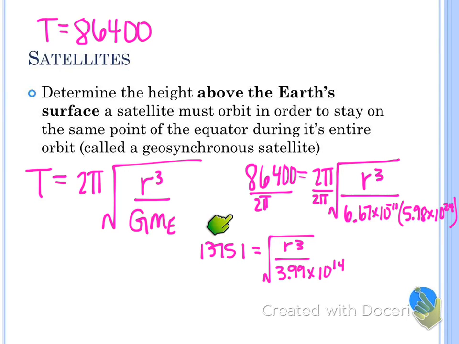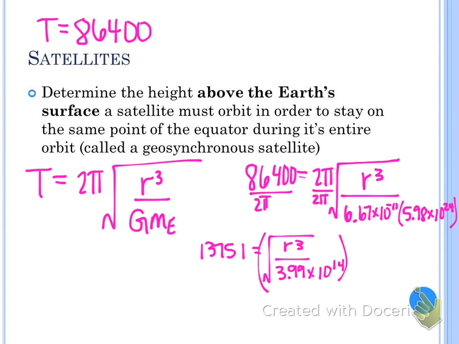Okay, so from this step to this step, all I did was divide it over the 2 pi, and that's what I got. And then I also went ahead and multiplied these two down in the denominator. Okay? From there, what's going to be my next step algebraically? What do I have to do next? Square root. I don't want to square root.